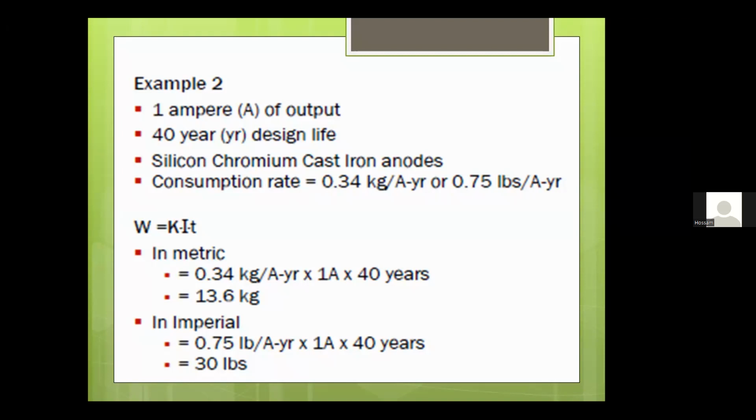If we want to calculate the weight of the anode which will protect the structure for 40 years if 1 ampere is output of this anode, we can use this formula. We need 13.6 kilograms of silicon chromium cast iron.